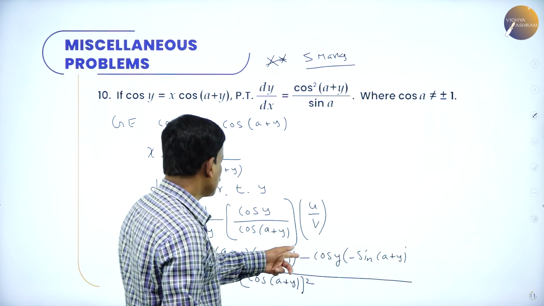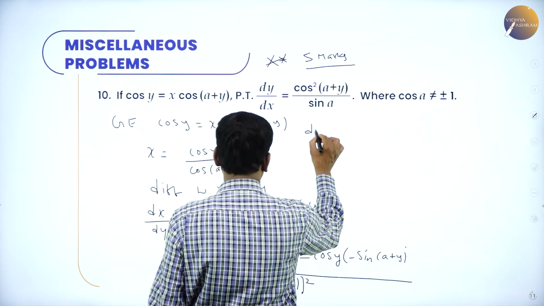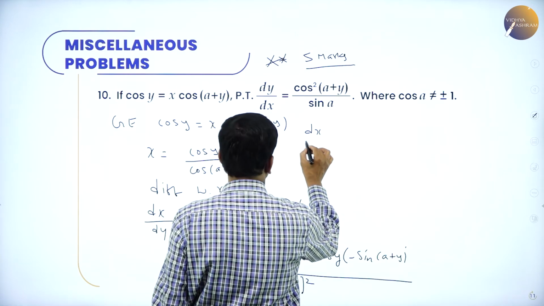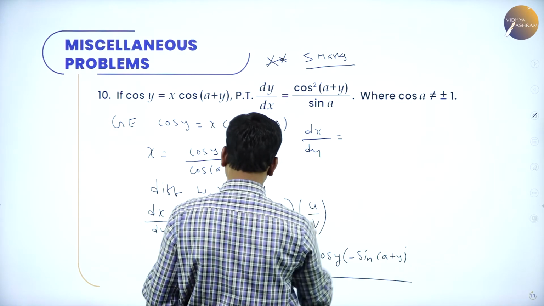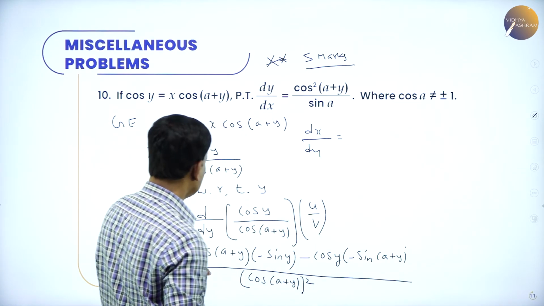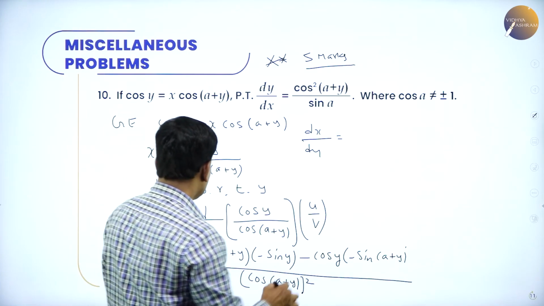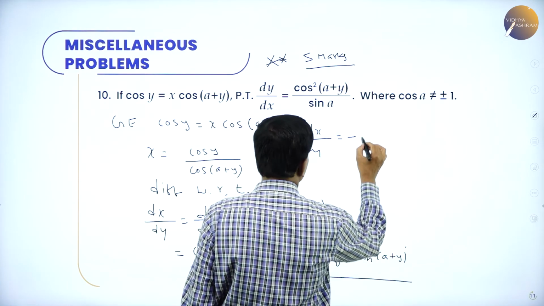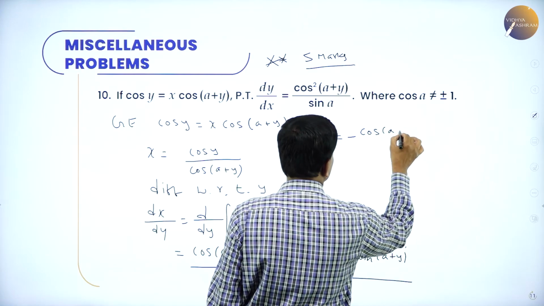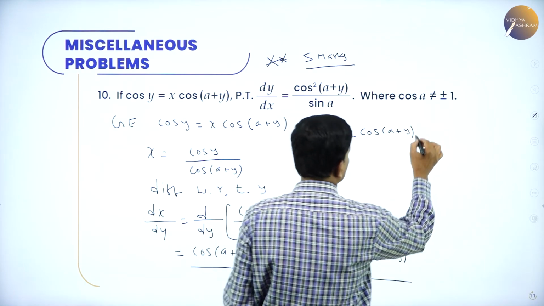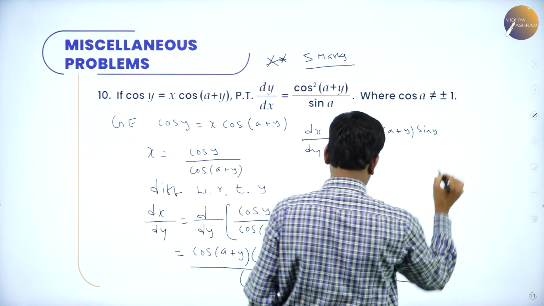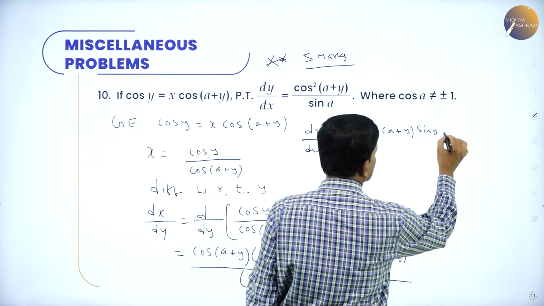Now, if you observe carefully, this can also be written as dx by dy is equal to, here I can take minus as a common factor. Minus of cos (a plus y) into sin y. Here, minus into minus becomes plus.